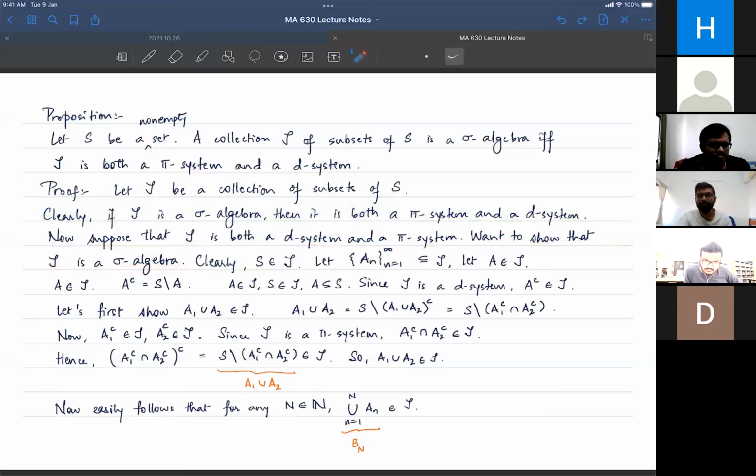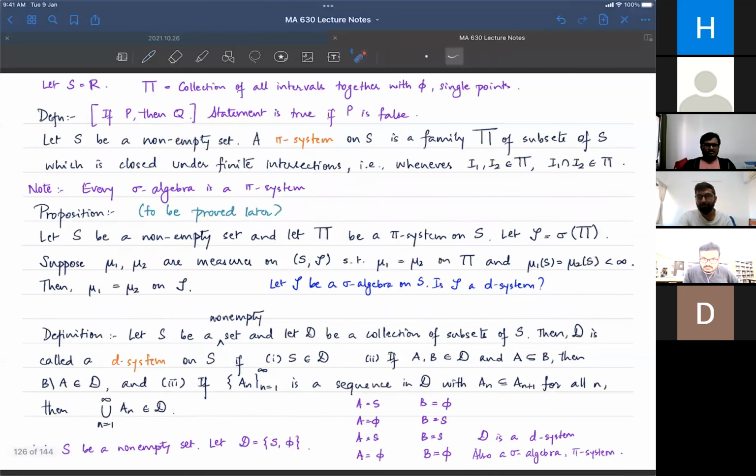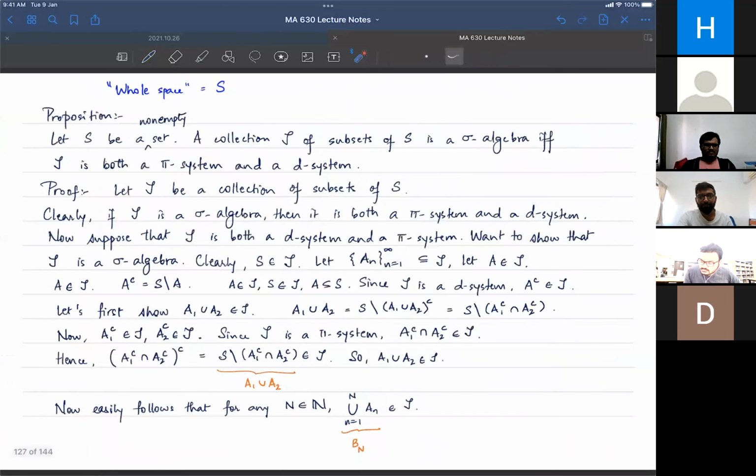First of all, I claim that the whole space is in script S. Whenever I use the term whole space, I'm talking of the set in which the action is taking place, so I mean S. So the whole space is in script S. Why is this true? Because script S is a D system.